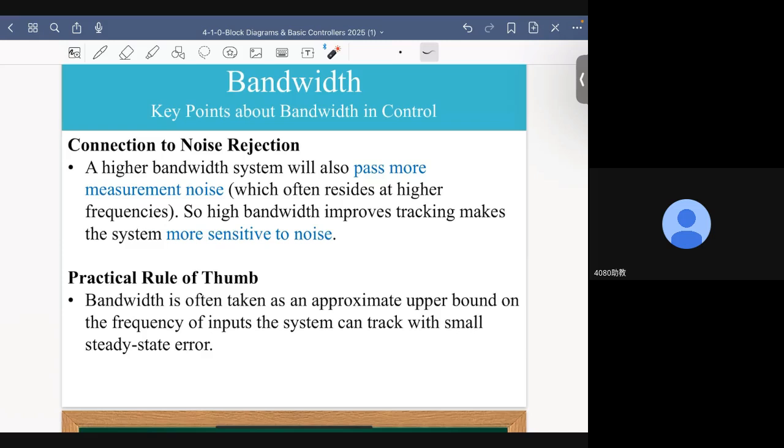So if a system has a larger bandwidth, then those high frequency noises will effectively excite the system, which means a system with higher bandwidth is more sensitive to noise.